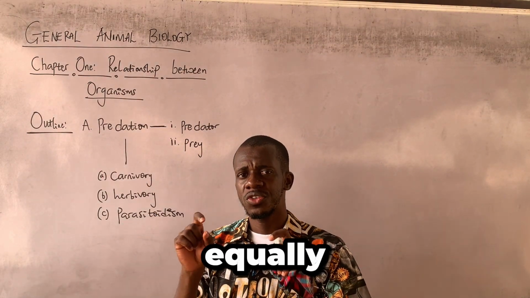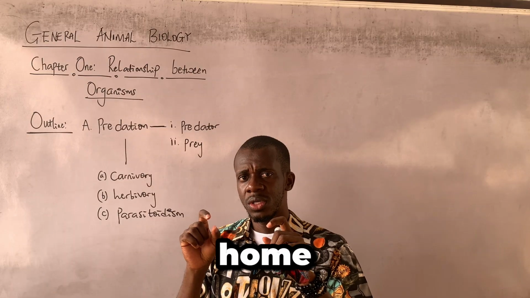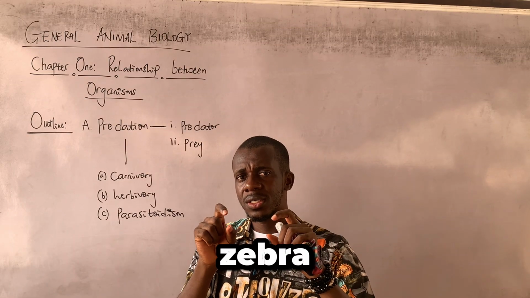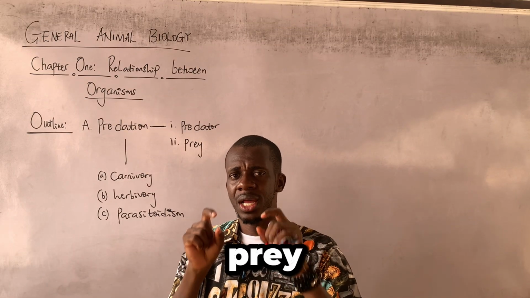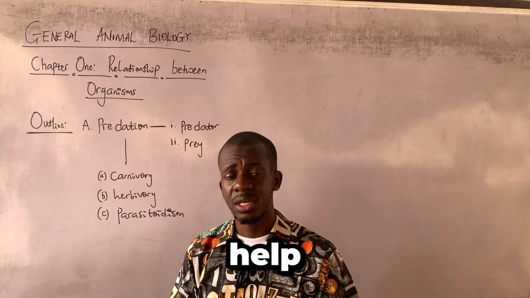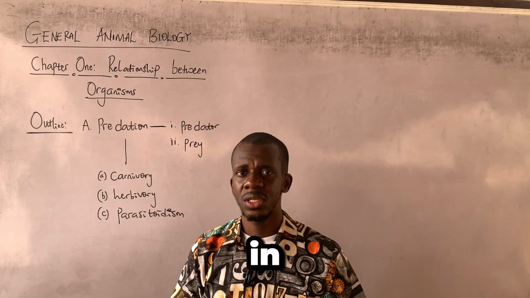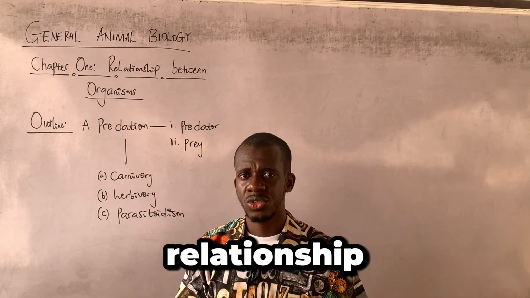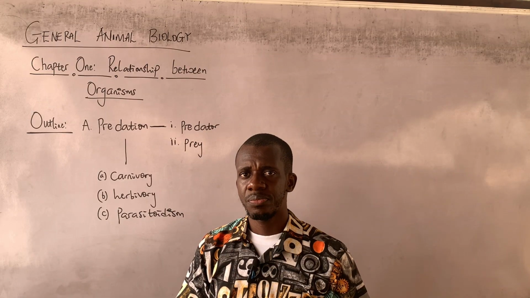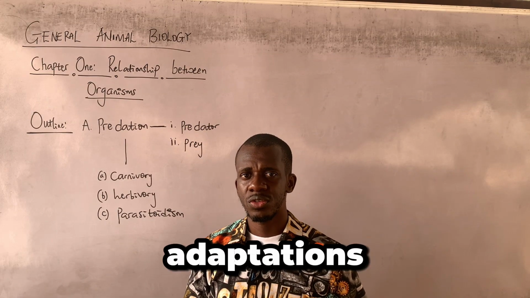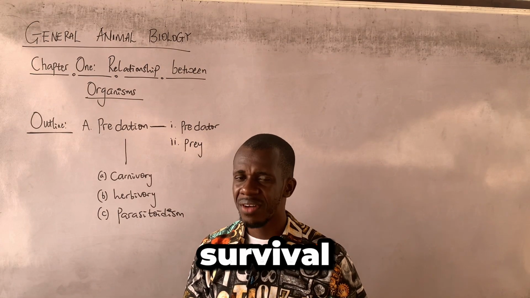Now, to equally send a message home, remember we said that predator and prey alike possess adaptations that help them in this particular relationship. Prey possess adaptations that guarantee their survival.